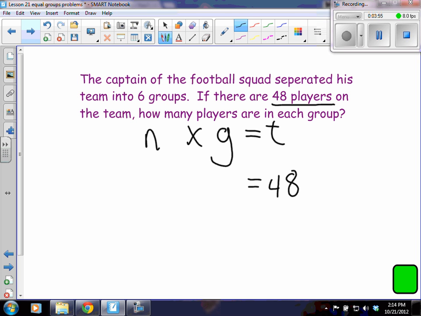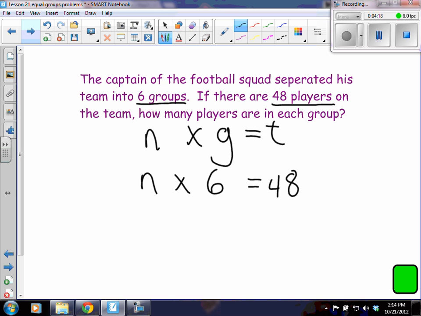The second number we have is 6 groups. And that's going to stand for our g here, knowing that we have the number of groups, says there are 6, very clearly. And so our equation for this problem is n times 6 equals 48.